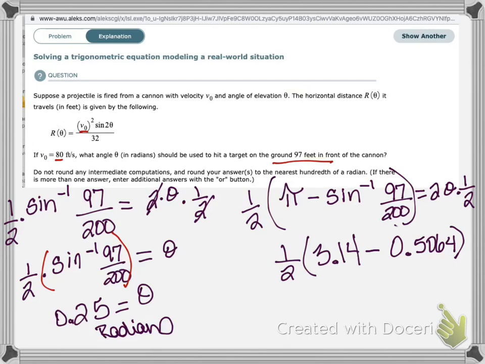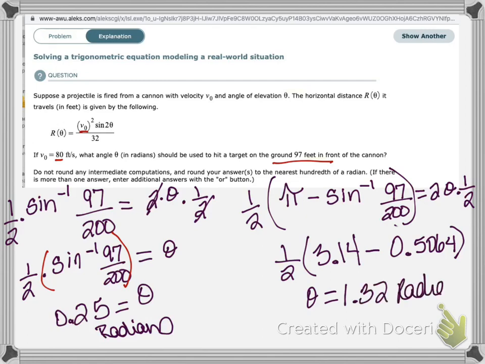But if this helps you to think about it, then I think it's okay to look at it this way. When I do 3.14 minus 0.5064, I get 2.63336. Then I'm dividing by 2, but dividing by 2 is the same thing as multiplying by 1/2. I get that theta equals 1.32 radians.